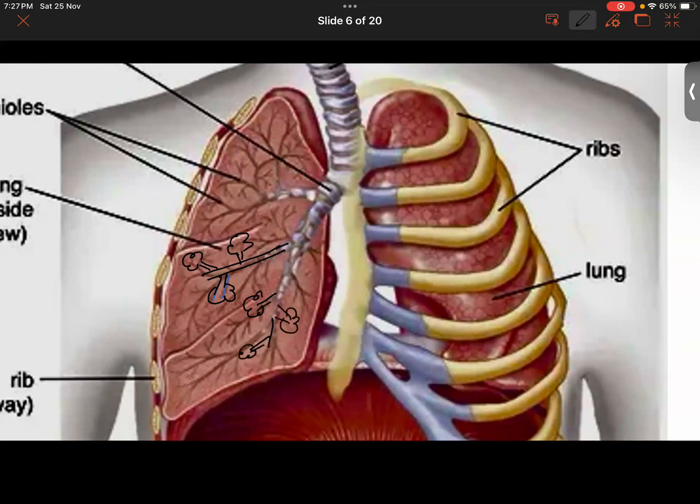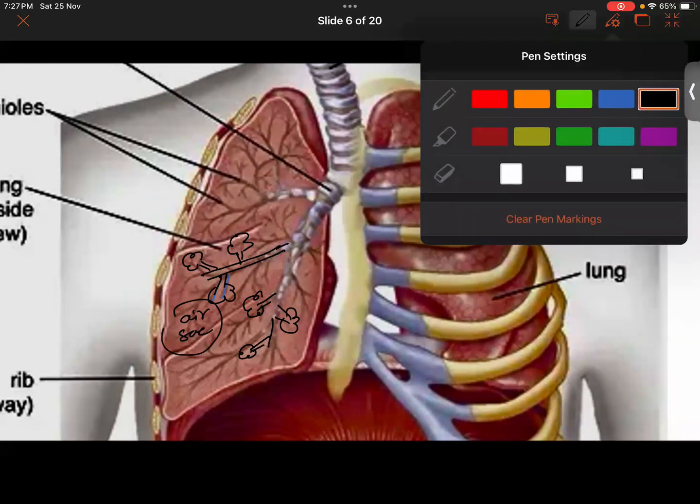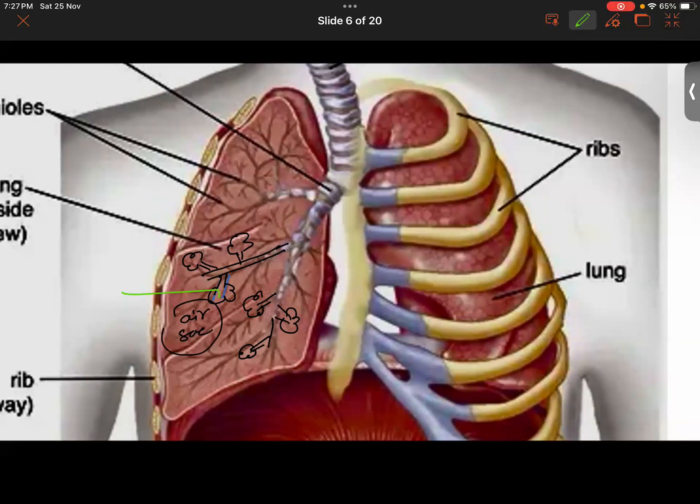So the bronchi basically end in air-sac-like structures. These air-sac-like structures we call alveoli. Sir, the tiny things I'm seeing are the alveoli? Exactly. So you have the tiny air sacs. Can you explain what they do?